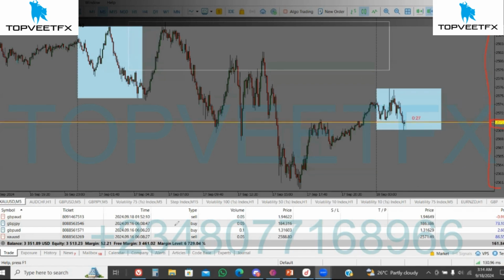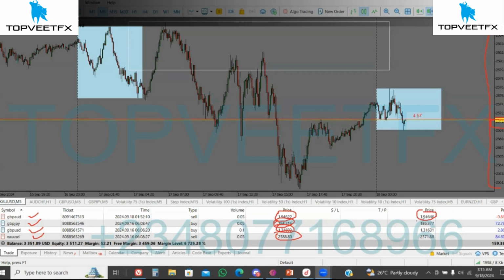Now, let's look below here where we have GBP AUD, GBP JPY, GBP USD, gold, that's XAUUSD. If you look at it, we have two prices here. We have this first price, which is stationary, it's not moving, while we have the other price that is moving, fluctuating up and down. You can see that they are fluctuating.